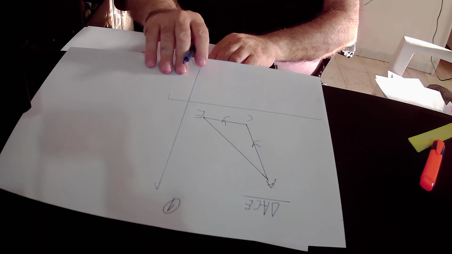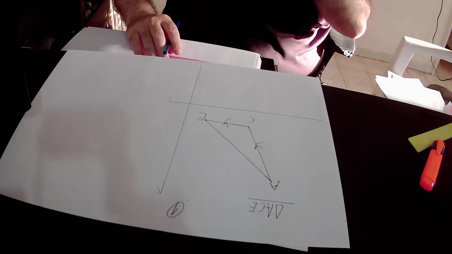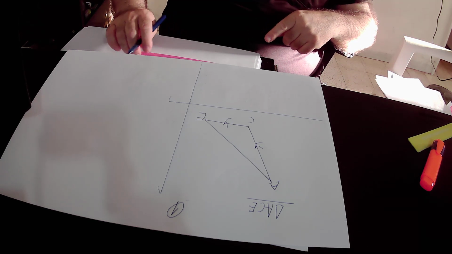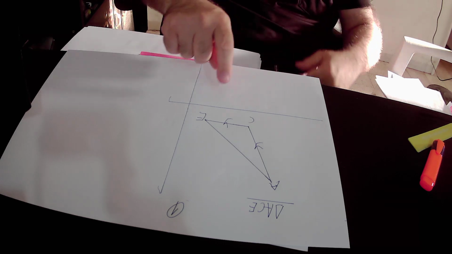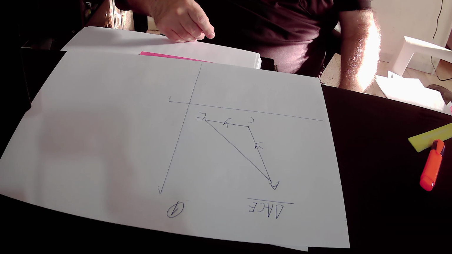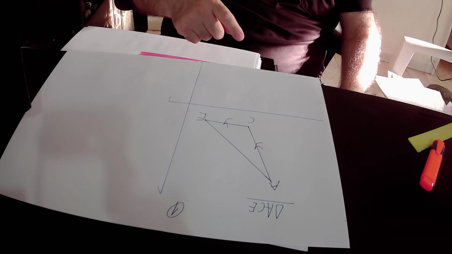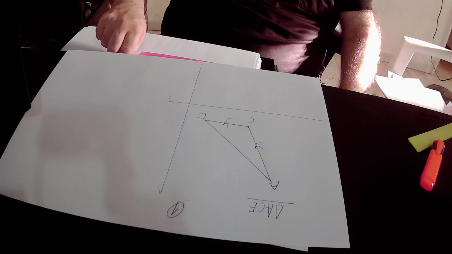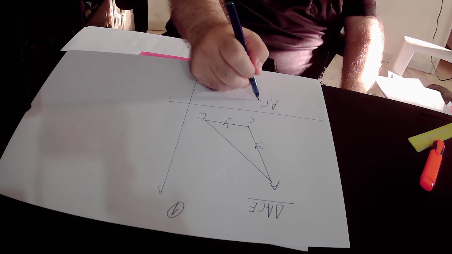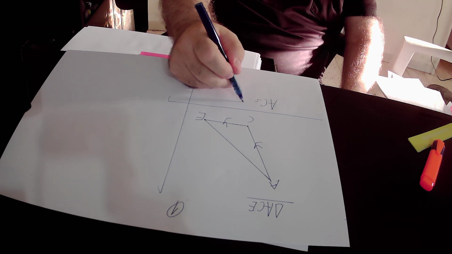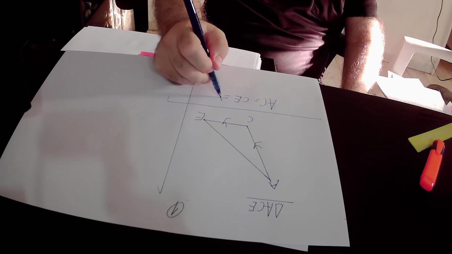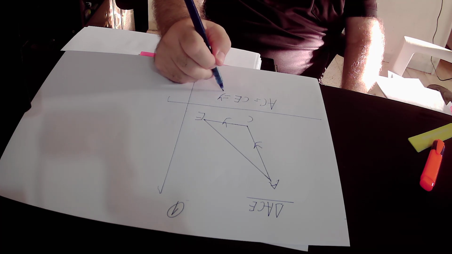So this is triangle ACE that I copied from the original drawing. Here, side CE equals Y and side AC equals Y. Those two sides are equal to each other because they are both equal to Y. So side AC equals side CE.